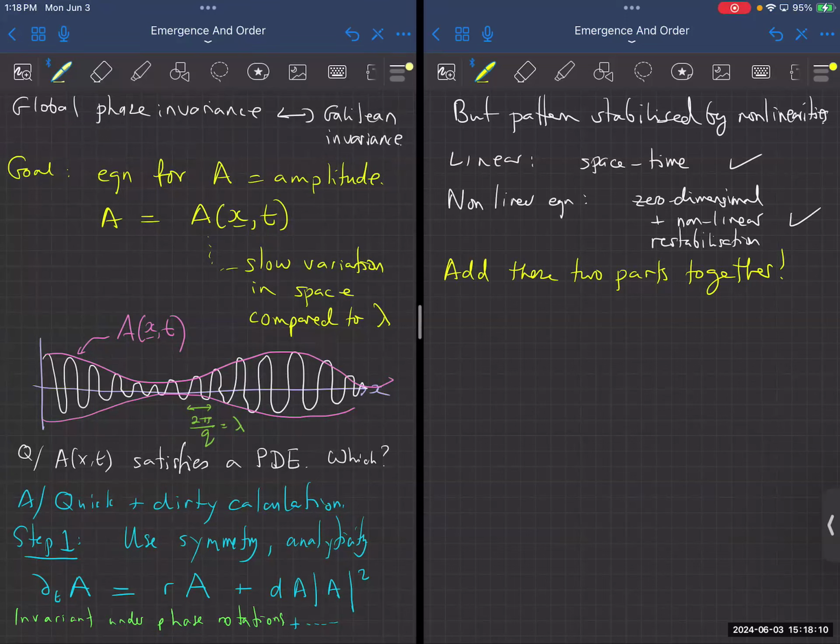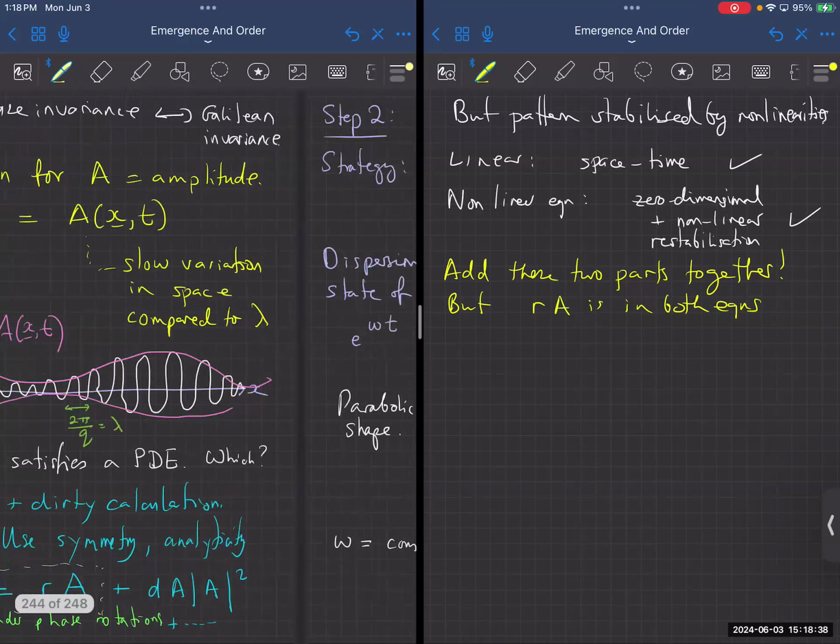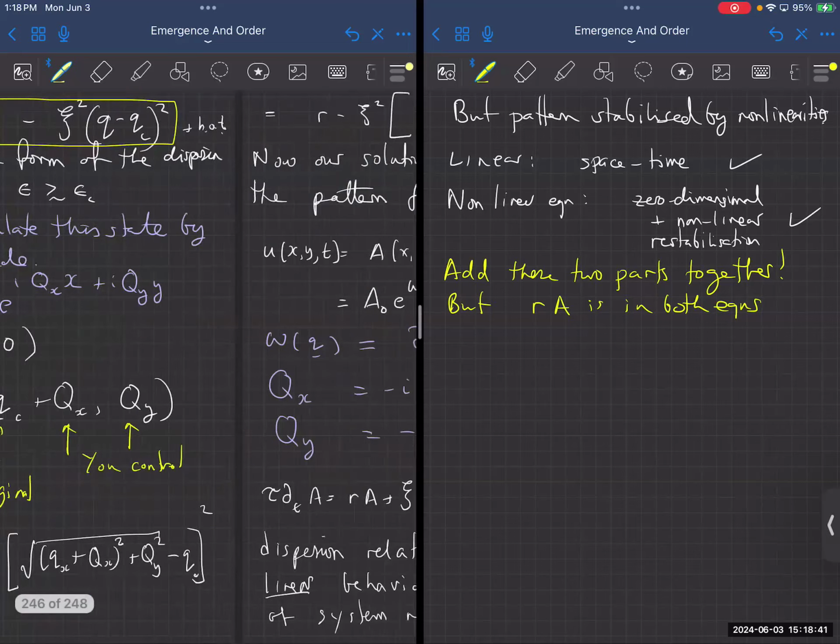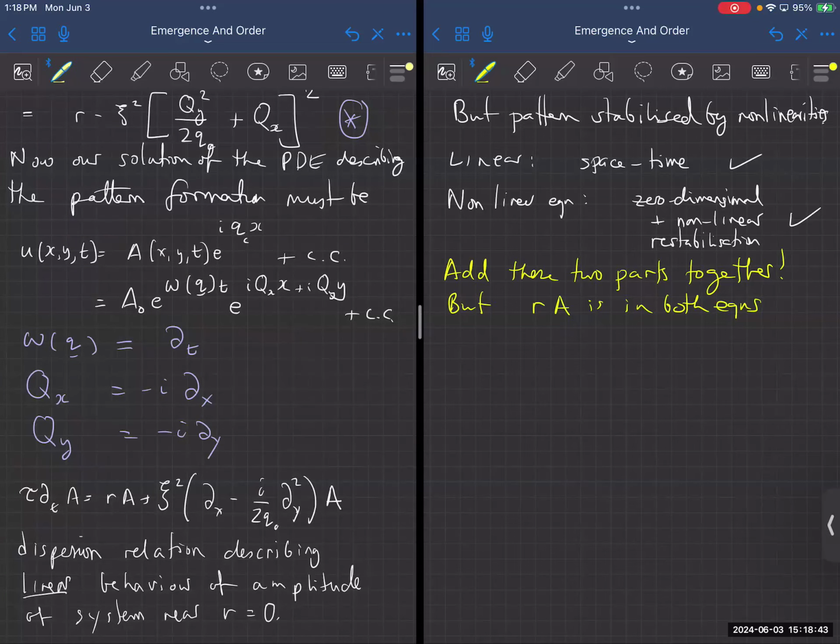So this is the part that is linear. This is the nonlinearity. So this term R A is in both equations. There's a term that looks like this in the nonlinear term. If I go to the dispersion relation equation, that also has this term.